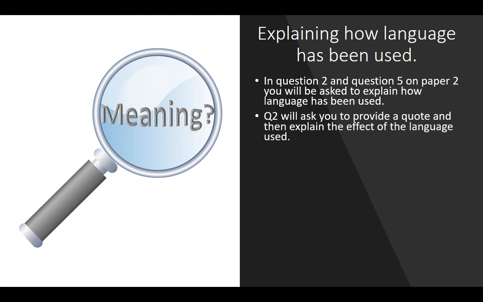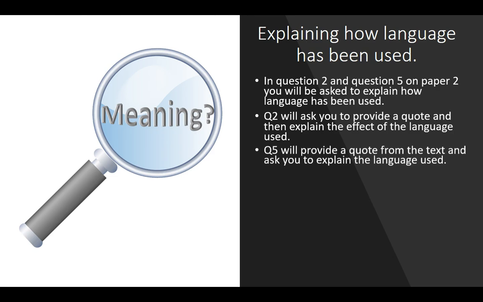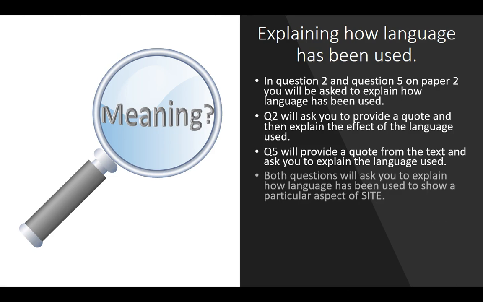Question 2 will ask you to provide a quote to illustrate a particular use of language and then explain the effect of that use of language. Question 5 will provide a quote printed on the exam paper and ask you to explain the language device that's been used in the quote provided.